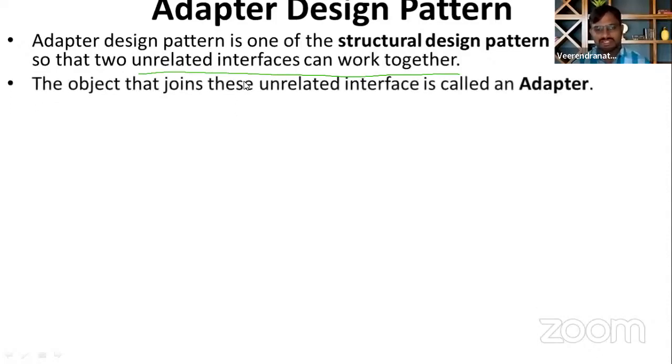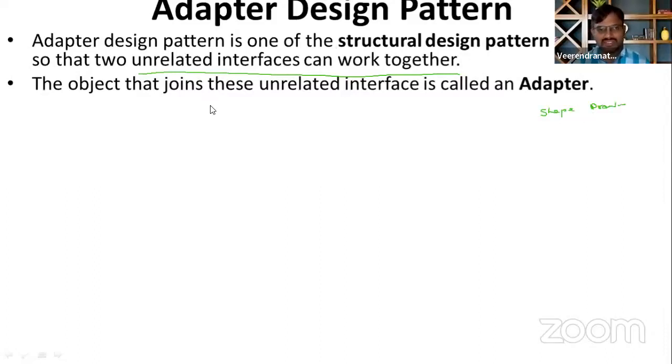So adapter pattern is nothing but a process where it will make two unrelated interfaces work together. Unrelated interfaces in the sense, let us understand. In the previous section, shape and drawing are somewhere related kind of interface.